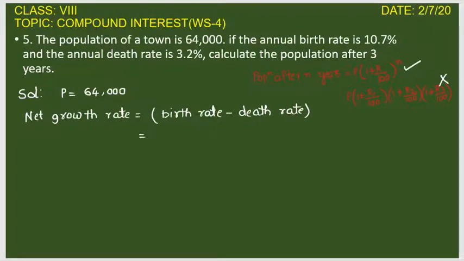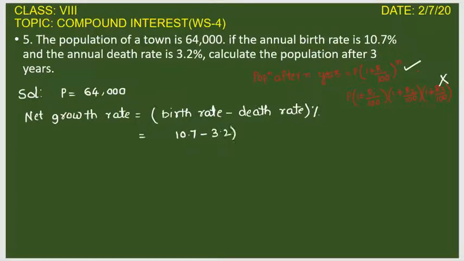But to apply this formula, we must have only one rate percent. Since here birth rate is more than death rate, ultimately there will be growth. That's why we have taken net growth rate equals birth rate minus death rate percent. So here the birth rate is given as 10.7 minus death rate is given as 3.2.